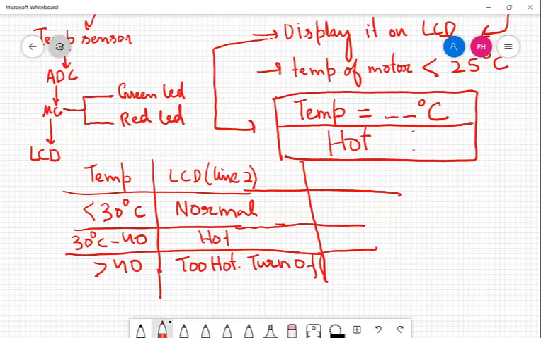What should happen to these LEDs when the temperature is normal, that is temperature is less than 30 degrees Celsius? Green LED should be on. LED G, I will name the green LED, it should be on, and LED red should be off.